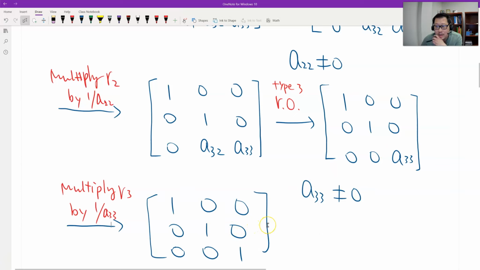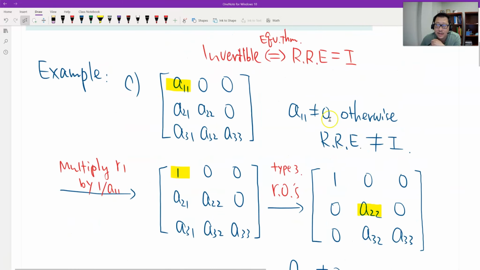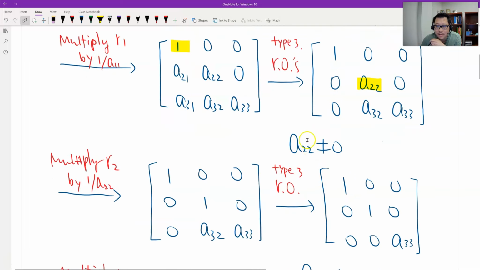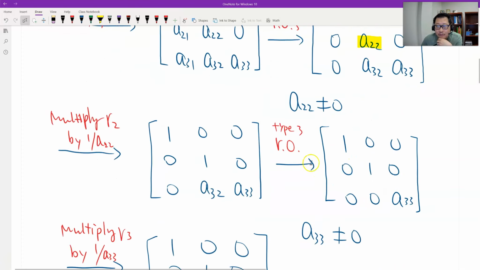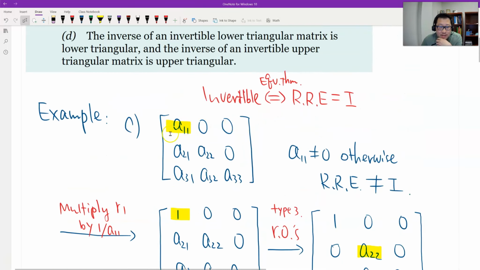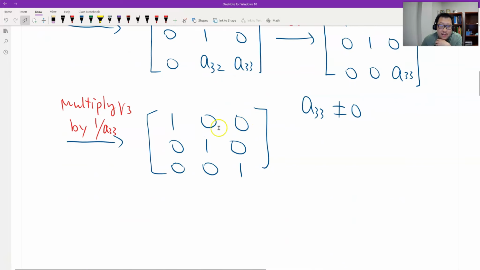So what we get so far is that all the diagonal entries, A11, A22, A33, are not 0. And then the other direction, backwards: if all the diagonal entries are not 0, we can follow the same way and get the reduced row echelon form to be the identity. Therefore A is invertible. So that's the proof for the first part.